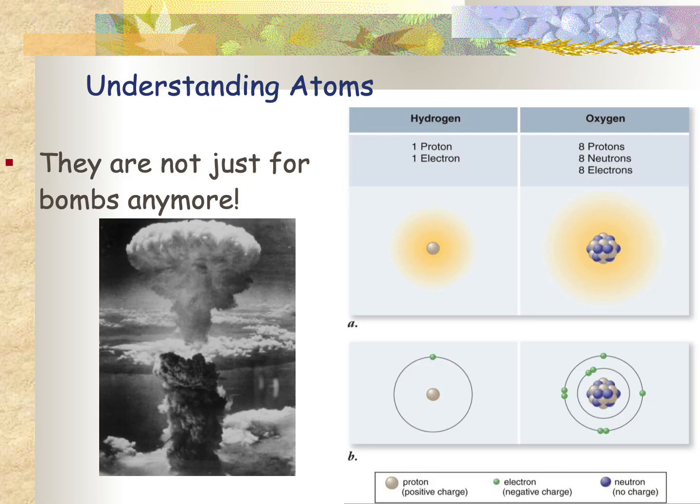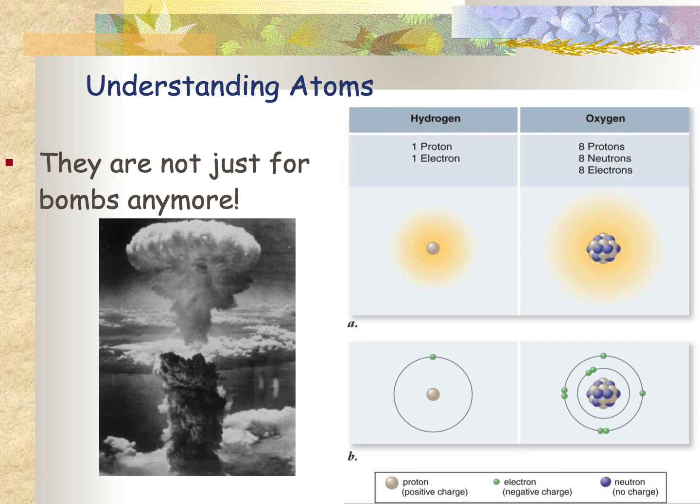The atoms themselves are made up of small particles called subatomic particles. Atoms have protons in their center at the nucleus. It's a positively charged particle with some mass. They may or may not also have neutrons there, which are neutrally charged particles that have mass, right in the center in the nucleus.